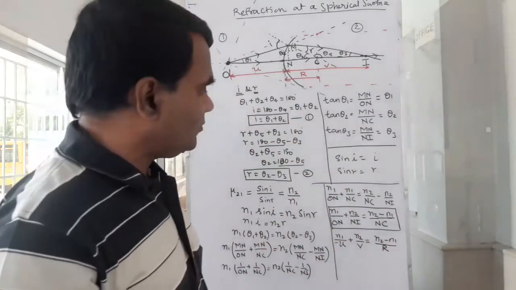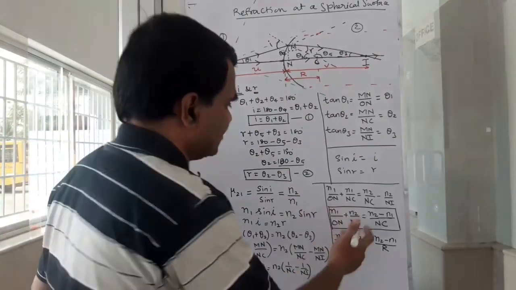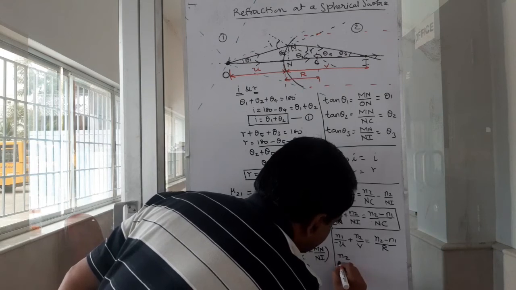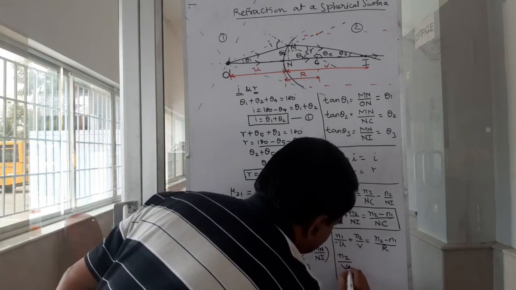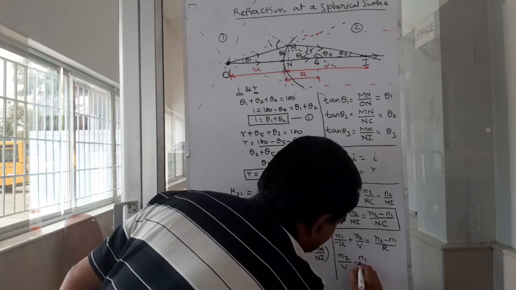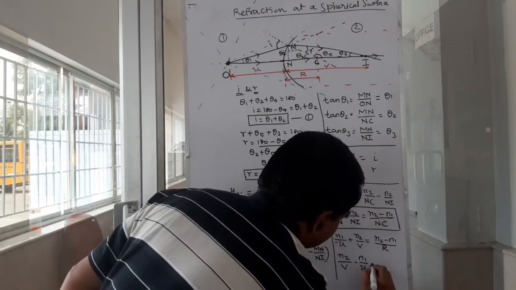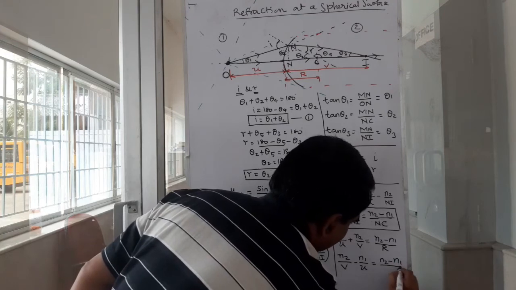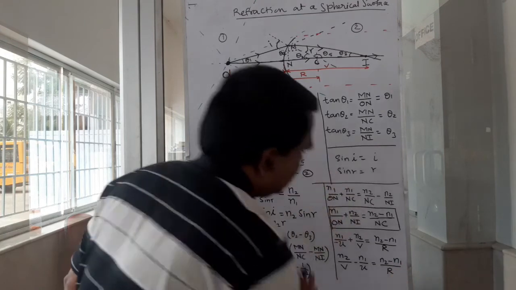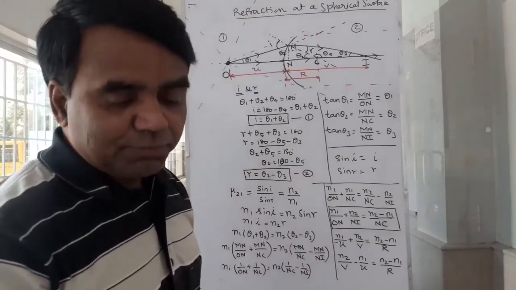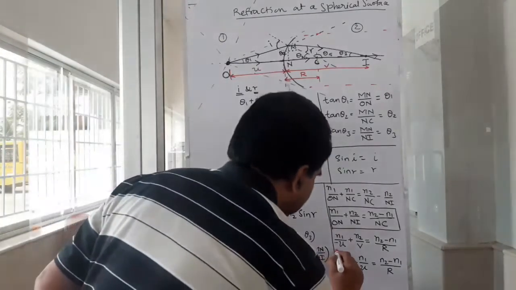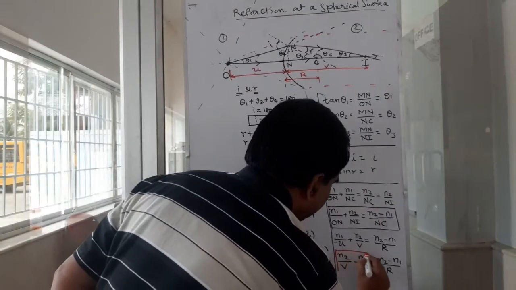I'm done. Now if I rearrange this, I'll get N2 by V minus N1 by U is equal to N2 minus N1 by R. Now V, U and R are with sign convention. So this is the expression I get.